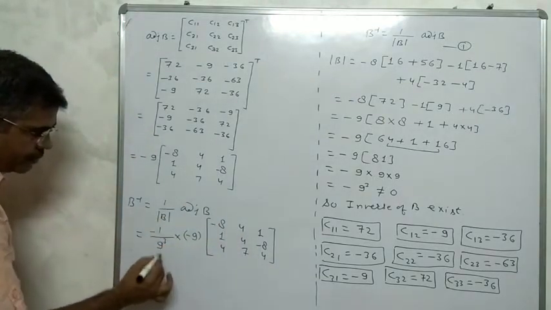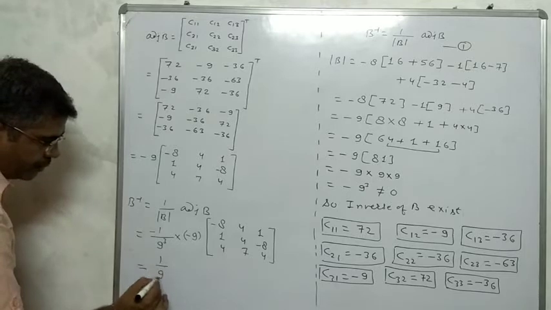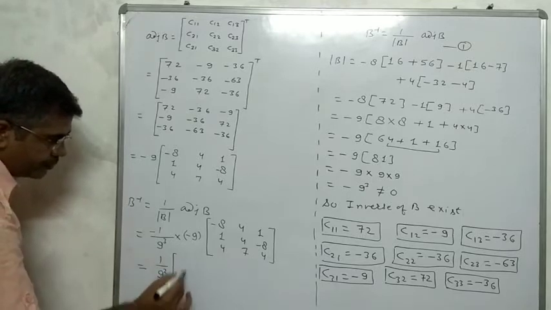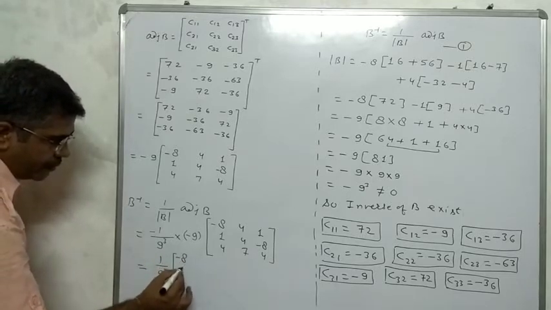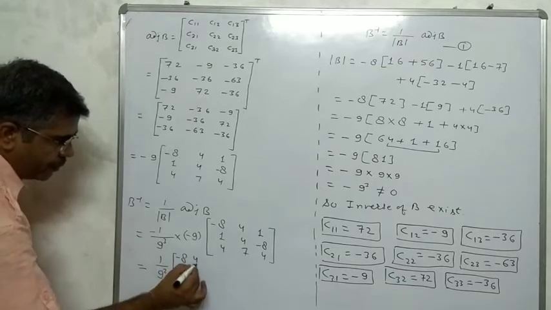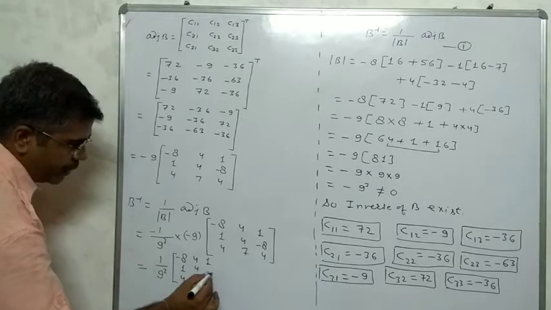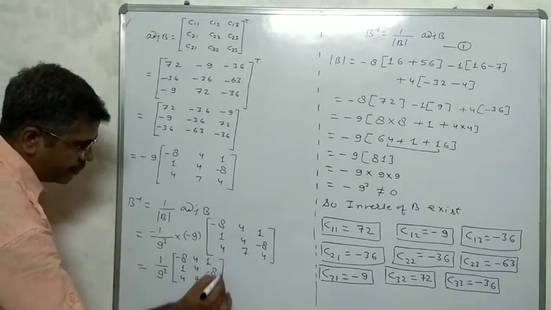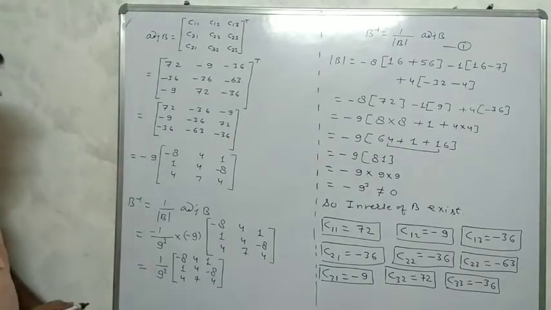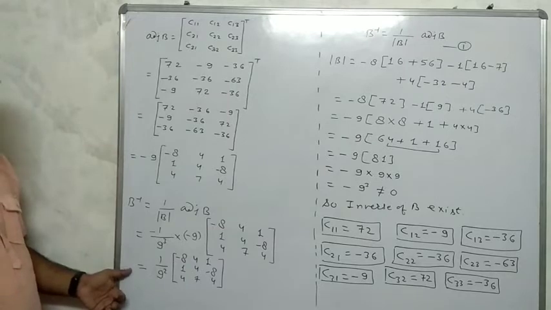Minus minus cancel out. 1 upon 9 to the power 2 into this matrix. This is the value of B inverse.